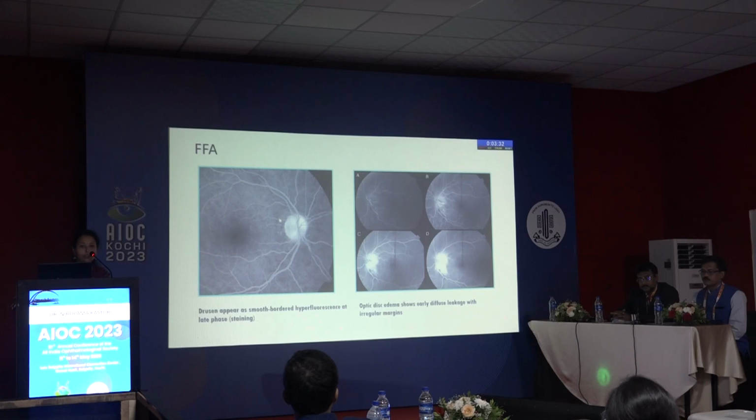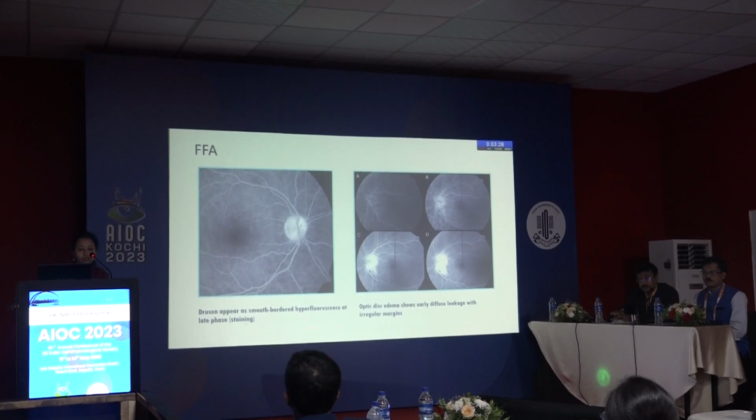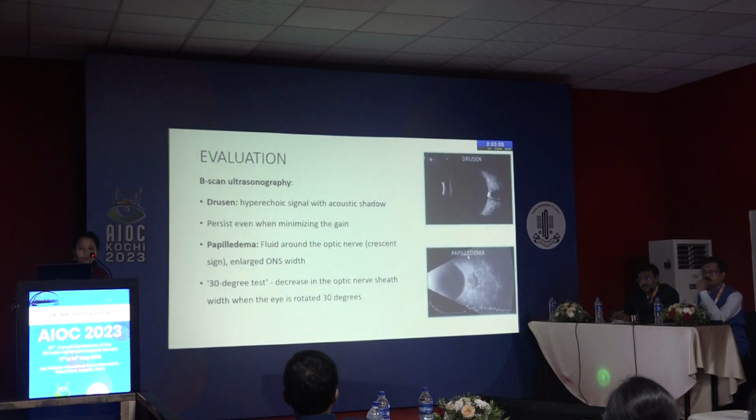And also the fundus fluorescein angiography for the drusen will show a staining pattern in the late phase, whereas in true disc edema there will be a diffuse leakage and irregular margins. So that helps to differentiate a true versus a pseudo disc edema. And in arteritic AION, you will also see choroidal non-filling and hypoperfusion because of ischemic optic neuropathy.